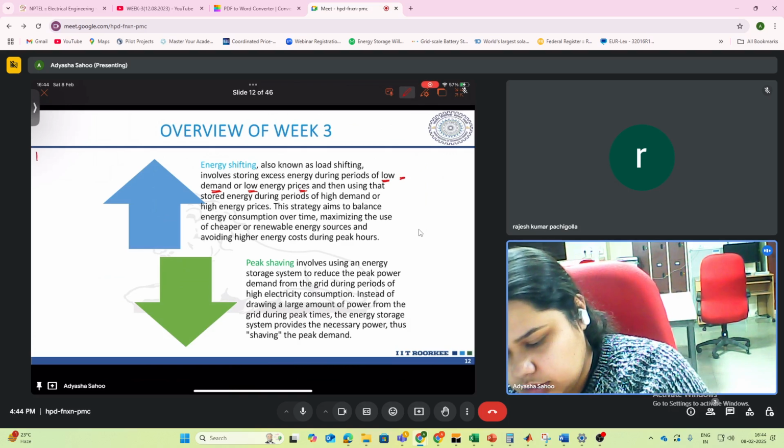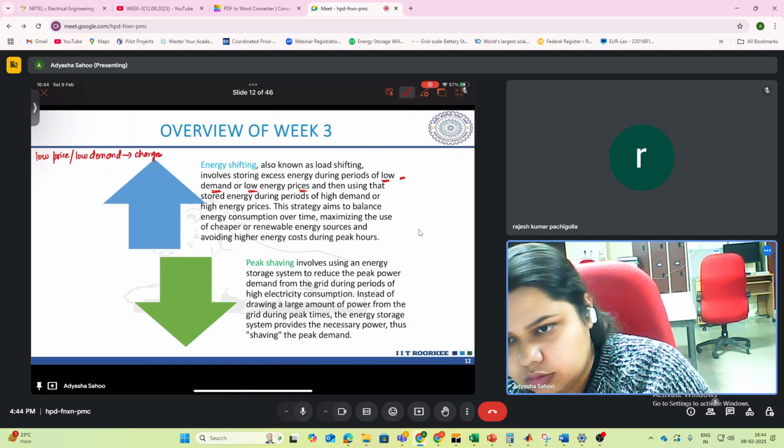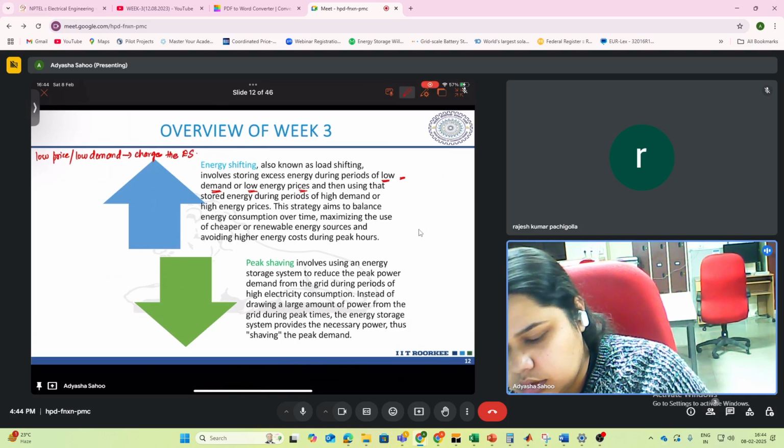So whenever there is low price or low demand, you can charge the energy storage, and that stored energy you can discharge during periods of high price or high demand. You can discharge the same energy.